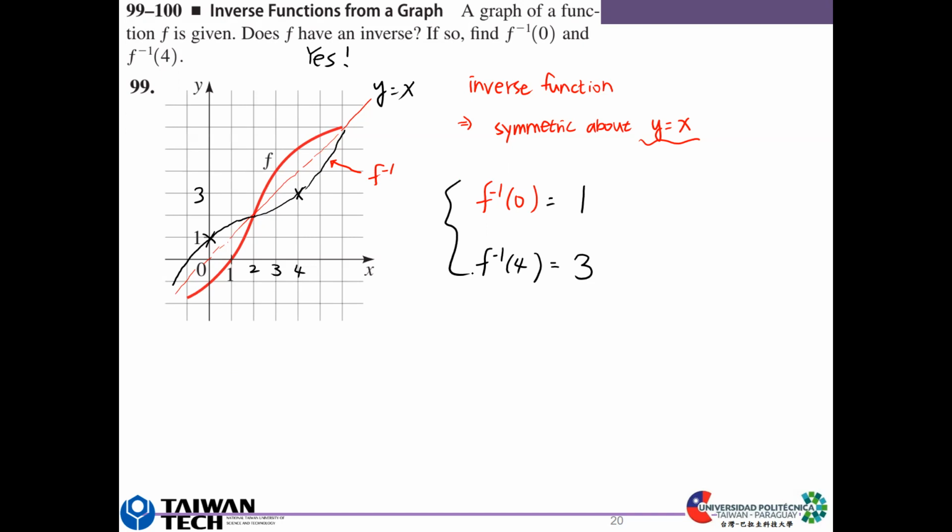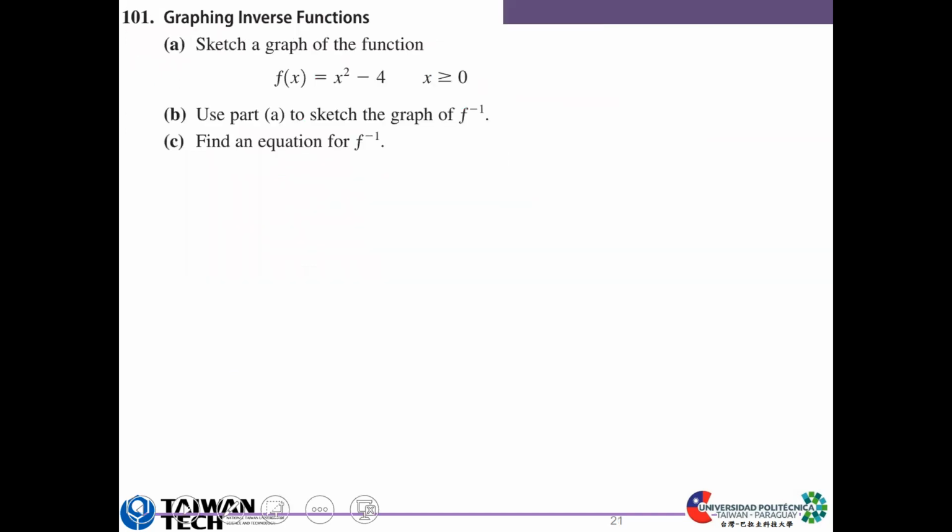Let's look at the final problem of this chapter: graphing an inverse function. Sketch a graph of the function f of x equals x squared minus 4, where x is larger than or equal to 0. Use part A to sketch the graph of f inverse. Find an equation for f inverse. For part A, we sketch this function by plugging in numbers, which is the simplest way to draw a graph.